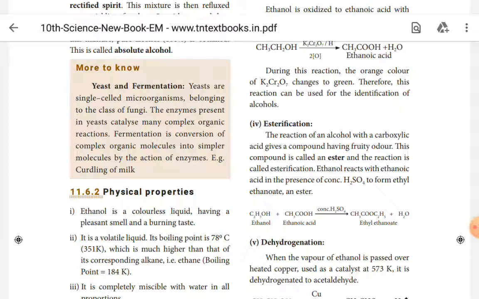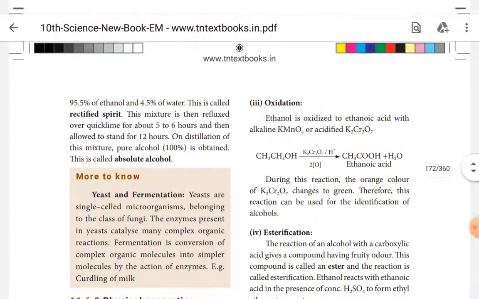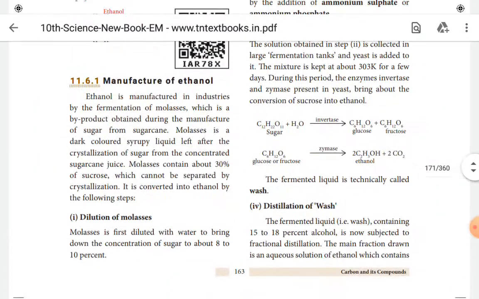In the manufacture of ethanol, invertase and zymase act upon the sugar molasses and convert it into alcohol. So listen, in the manufacture of ethanol, fermentation is the basic principle, that is, converting complex organic molecules into simpler molecules by the action of enzymes.